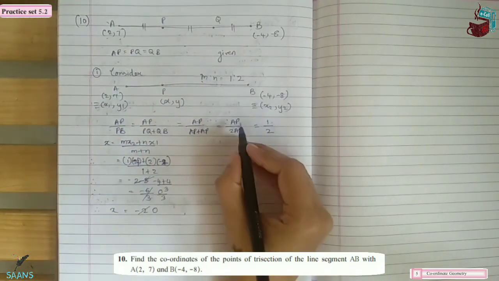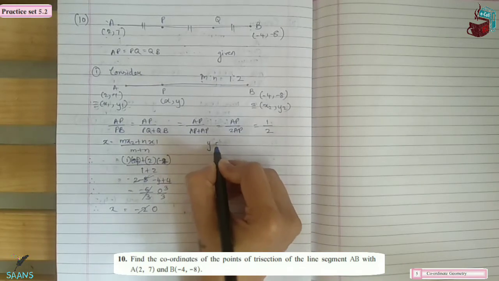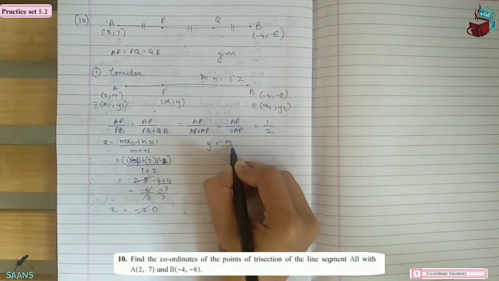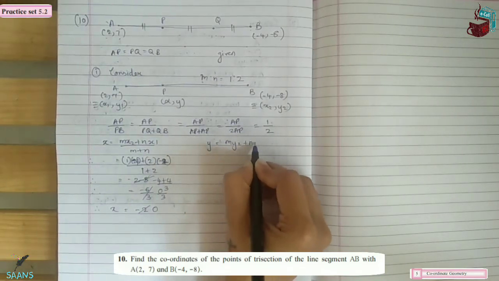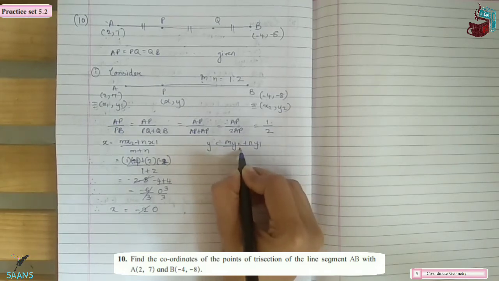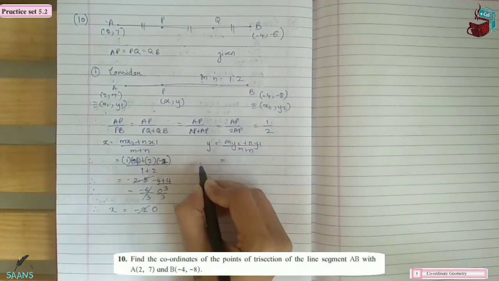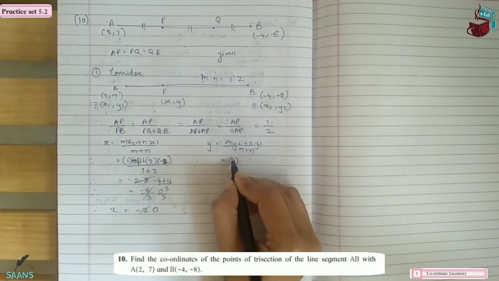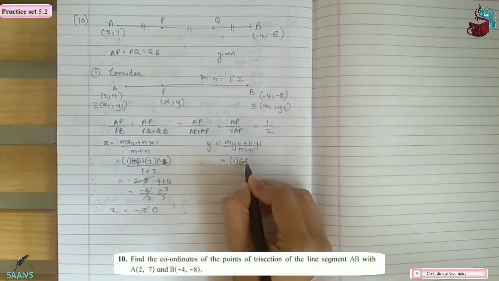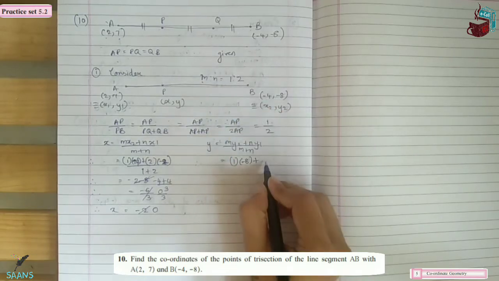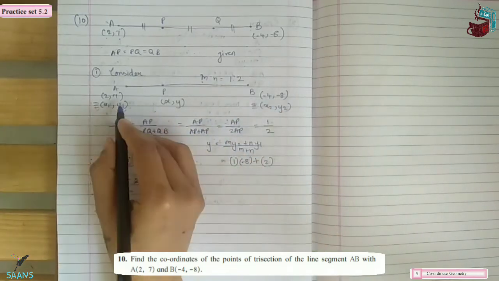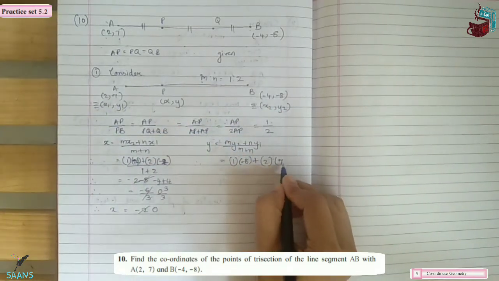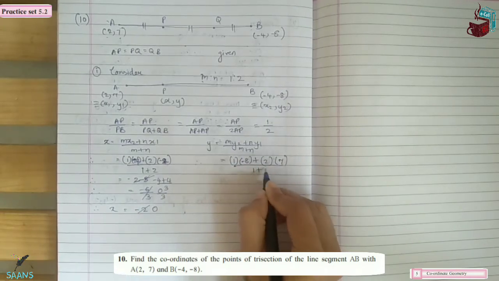Now just substitute the values correctly. Y is equal to my2 plus ny1 upon m plus n. Therefore, that is equal to, m is what? m is 1, y2 is minus 8, plus, make sure this time, 2, and y1 is 7, upon 1 plus 2.